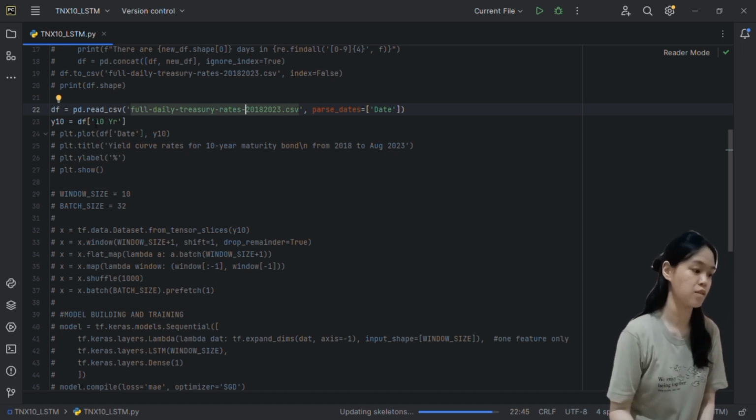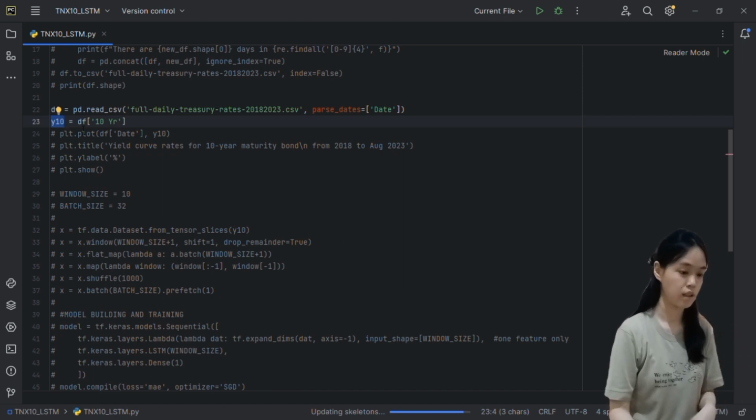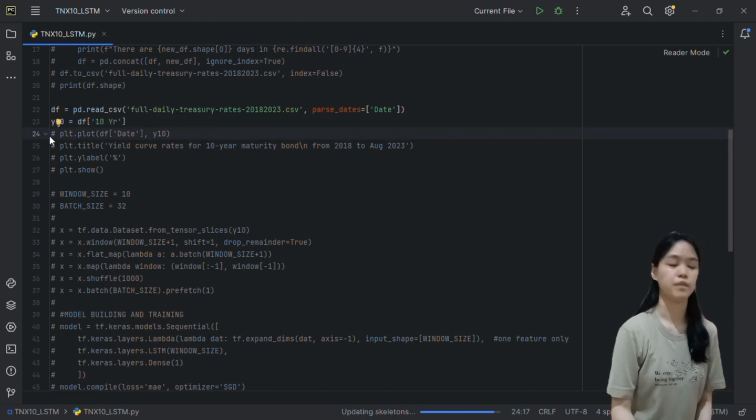And since we're focusing on the 10-year bond, I decided to make a specific variable called Y10, year 10. It's just a column of the data frame, 10 year.